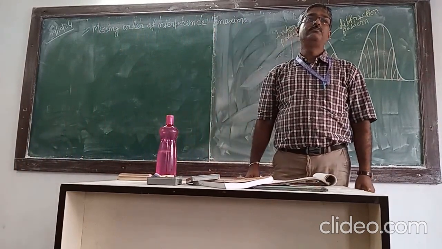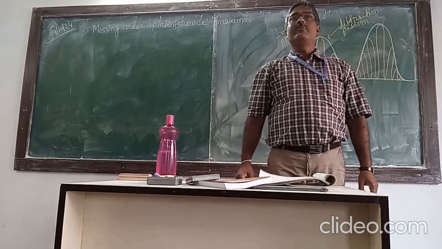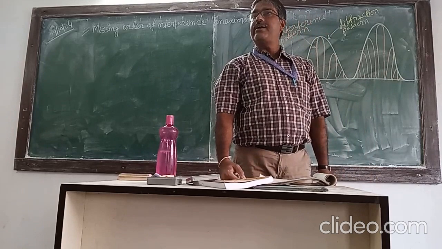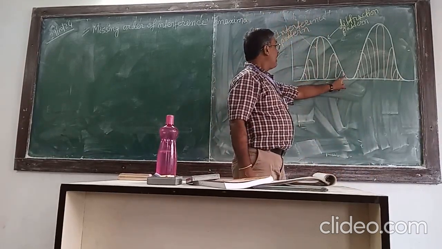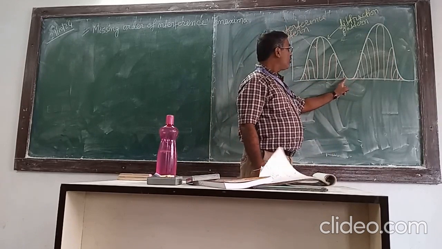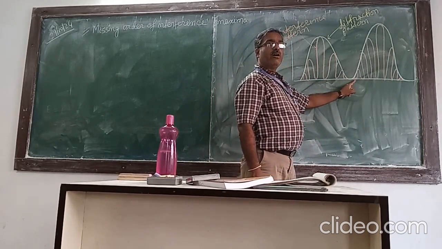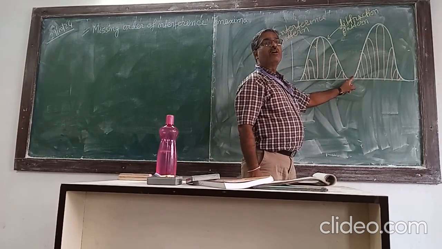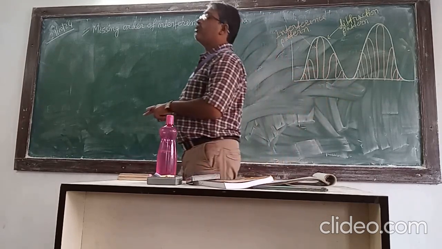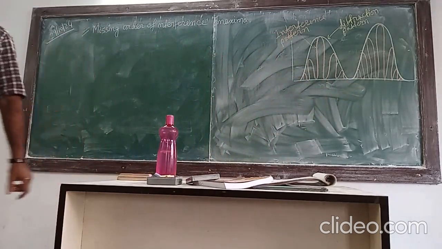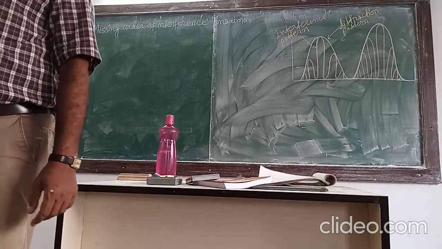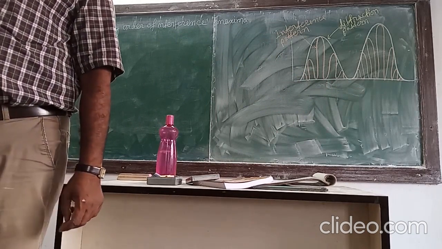What is the missing order? Missing order means if we cannot see any maxima in that pattern, then it is called missing. Like here, it is the diffraction minima, and here there is another interference maxima, but we don't draw it here. Why? Because this is the missing order. The dark fringe of the diffraction is superimposed on the bright fringe of the interference, so we cannot see that interference maxima at that point. That is called the missing order of the interference maxima.